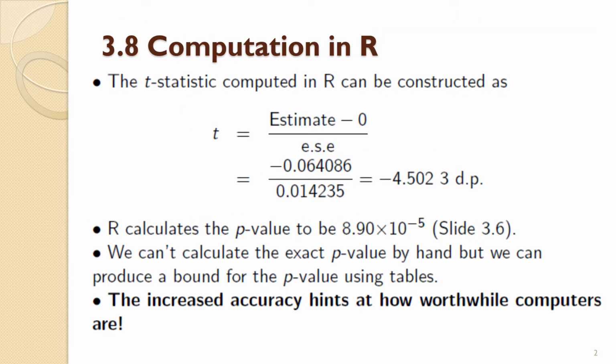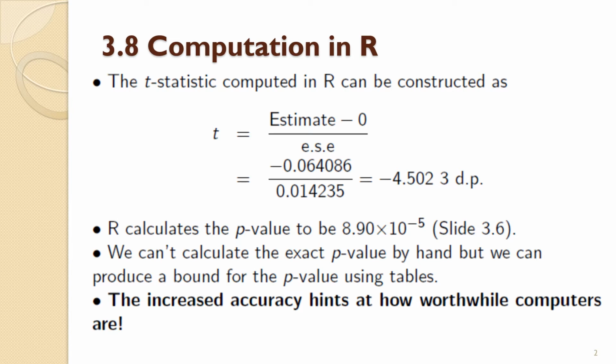So the t-statistic that R and other software use, you can construct as the estimate minus 0 over the estimated standard error. In this example, the estimate is minus 0.0646, divided by the estimated standard error, and you get minus 4.502.